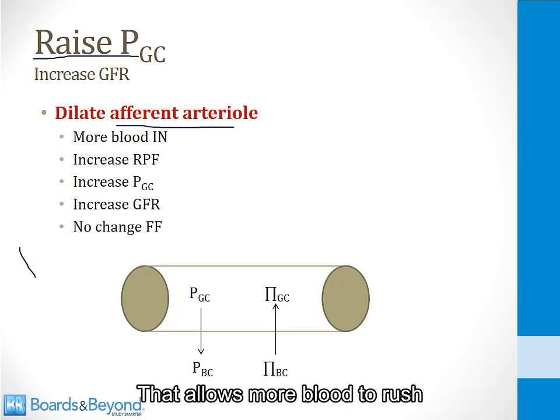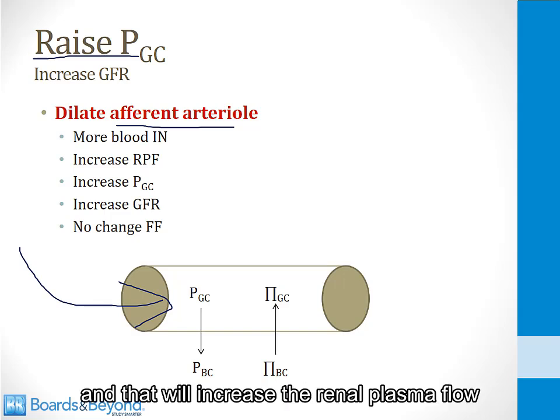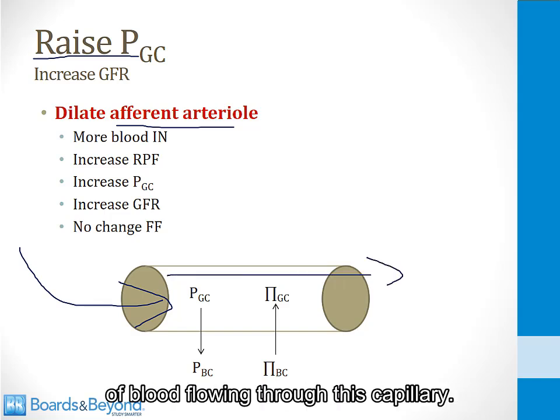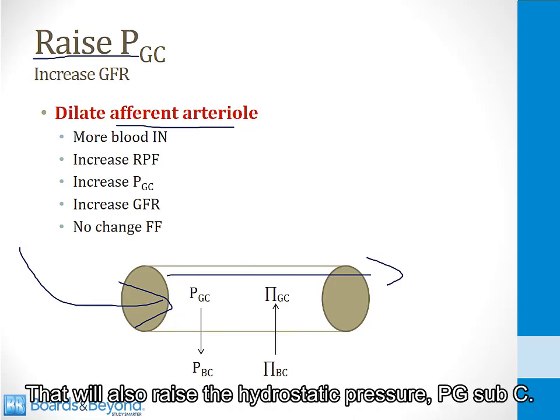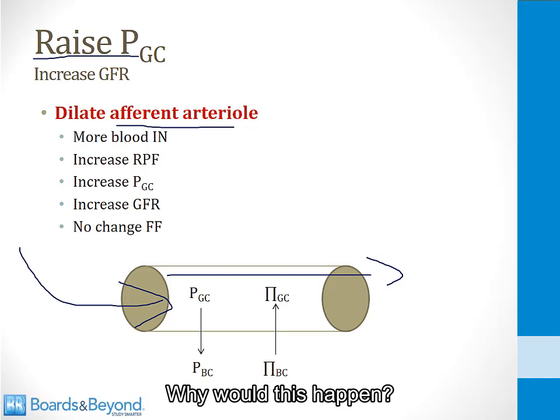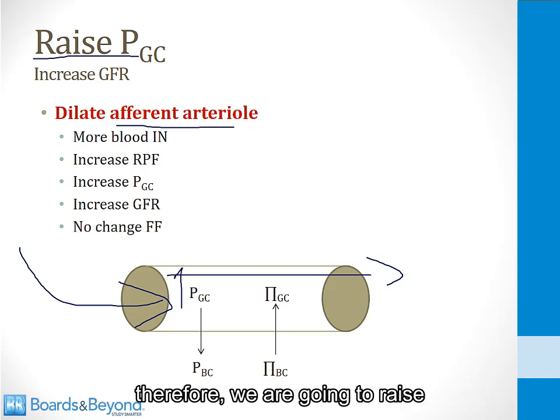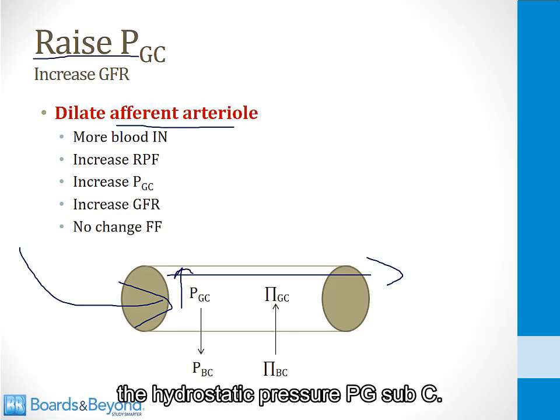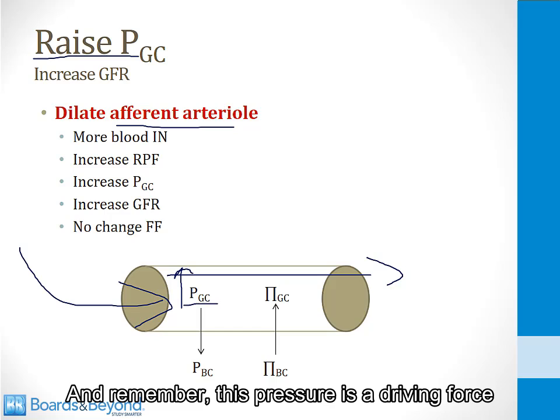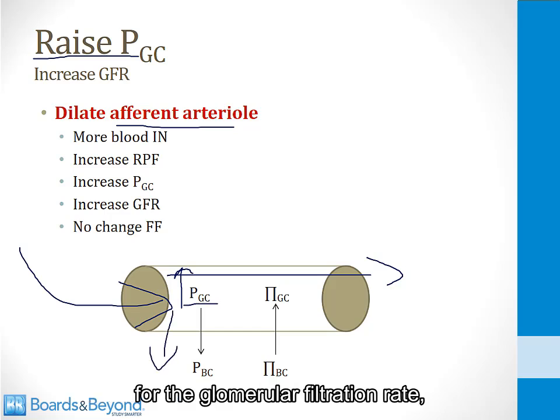That allows more blood to rush into the glomerular capillary, and that will increase the renal plasma flow of blood flowing through this capillary. That will also raise the hydrostatic pressure Pg sub C. Why would this happen? Well, we're stuffing more molecules into this capillary, therefore we are going to raise the hydrostatic pressure Pg sub C. And remember, this pressure is a driving force for the glomerular filtration rate, so when we do this, the GFR will increase.